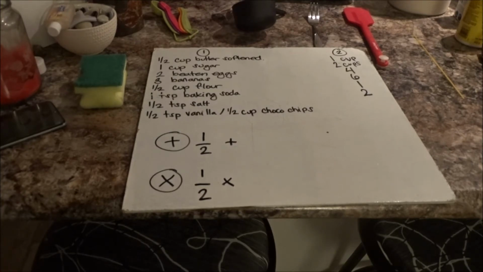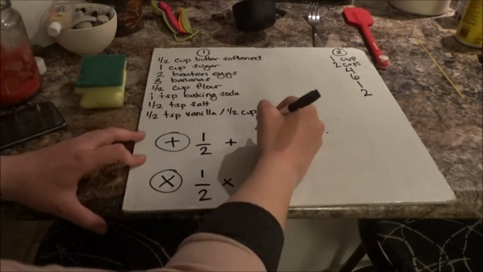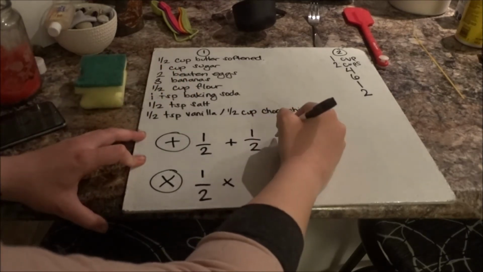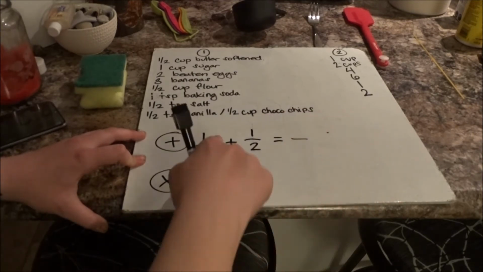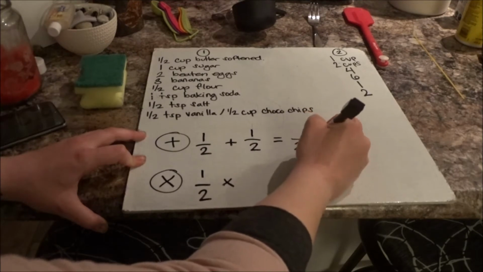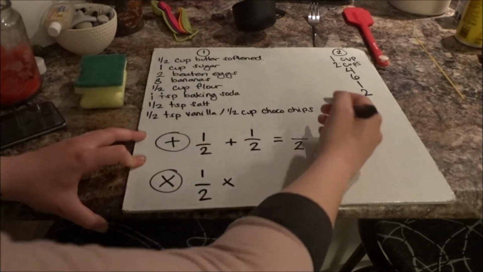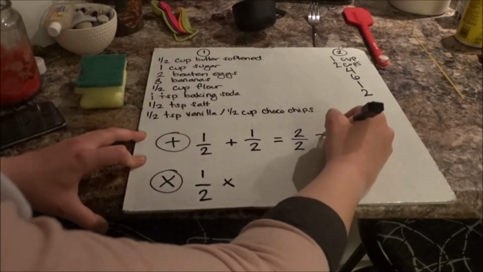Okay, friends, I'm sure that you all did a great job, so let's continue. If we're going to add another half, the bottom number stays the same, and 1 plus 1 equals 2.